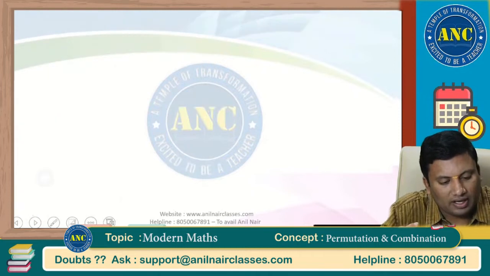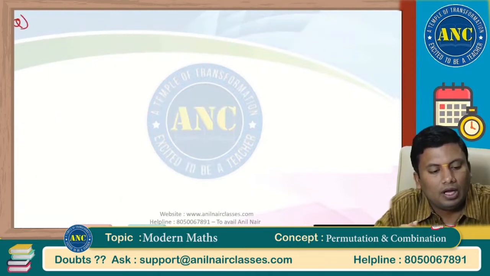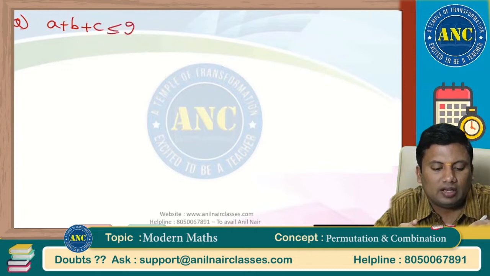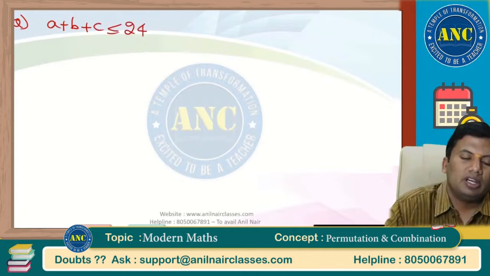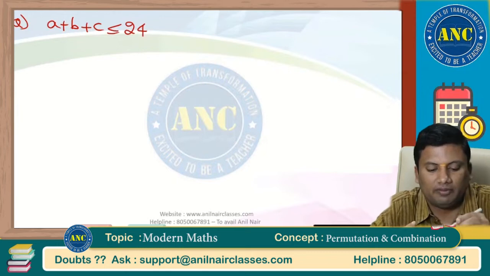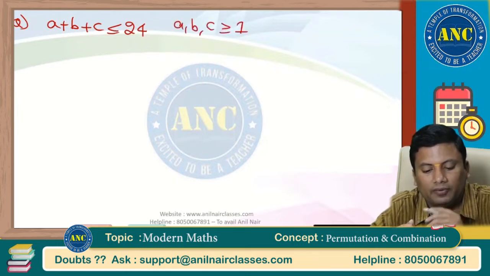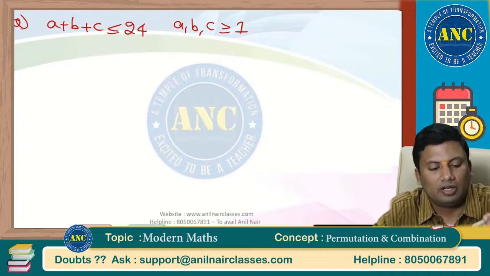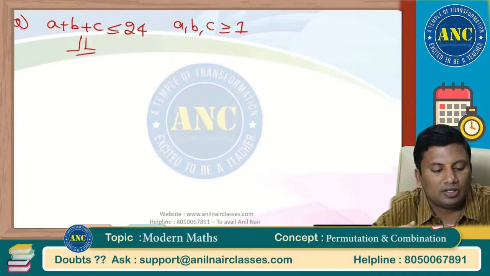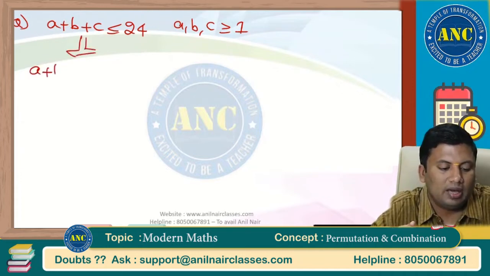Next, another variety. a plus b plus c is less than or equivalent to 24. These a, b, c are greater than or equivalent to 1. That means less than or equivalent to 24 means a plus b plus c can take 24.